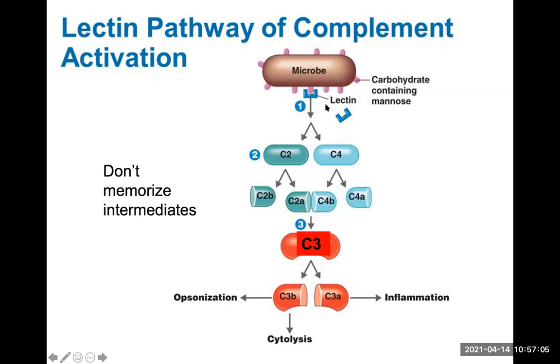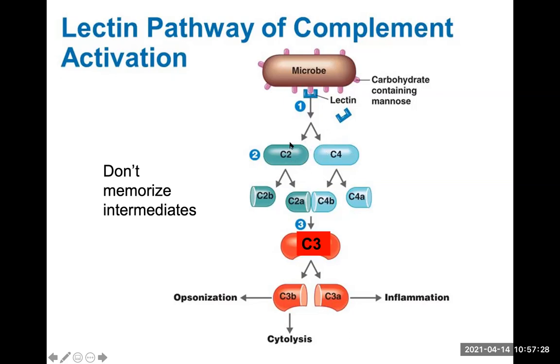And so your book calls this mannose binding lectin to help you remember that lectin is binding to the mannose, which is a type of sugar carbohydrate. So a different receptor commonly found on microbes. That leads to a whole cascade.